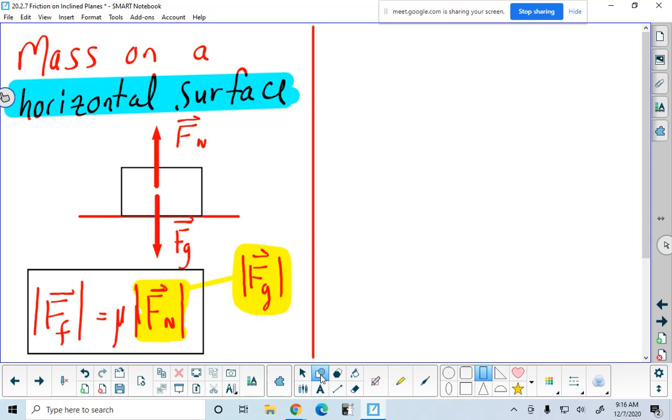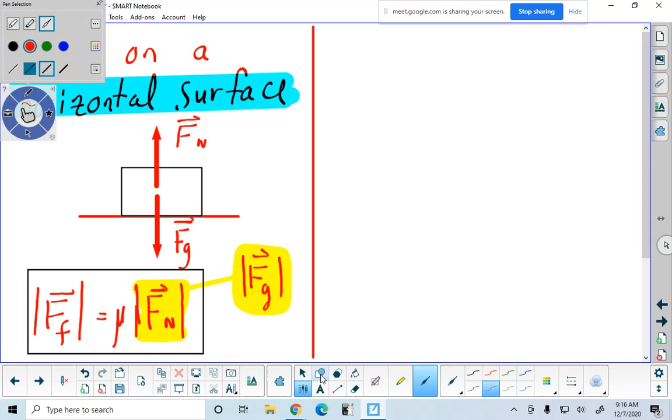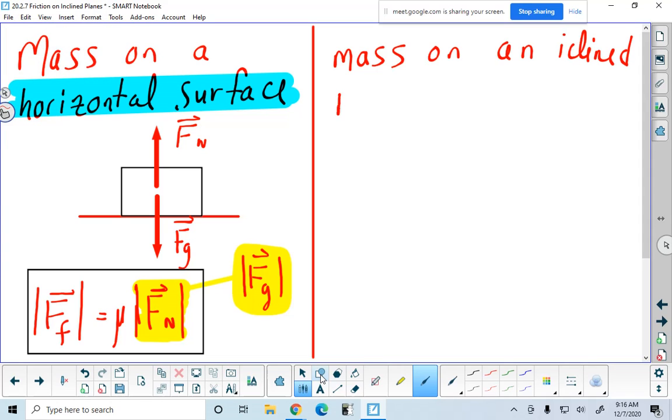Now, what we're going to learn today is what happens when we have a mass on an inclined plane. Now, what is an inclined plane? An inclined plane, everybody, is a ramp.